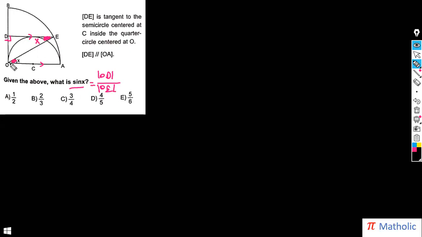So let's say the semicircle radius is r, so this is going to be r. This one is the radius of the quarter circle, which makes OE 2r.